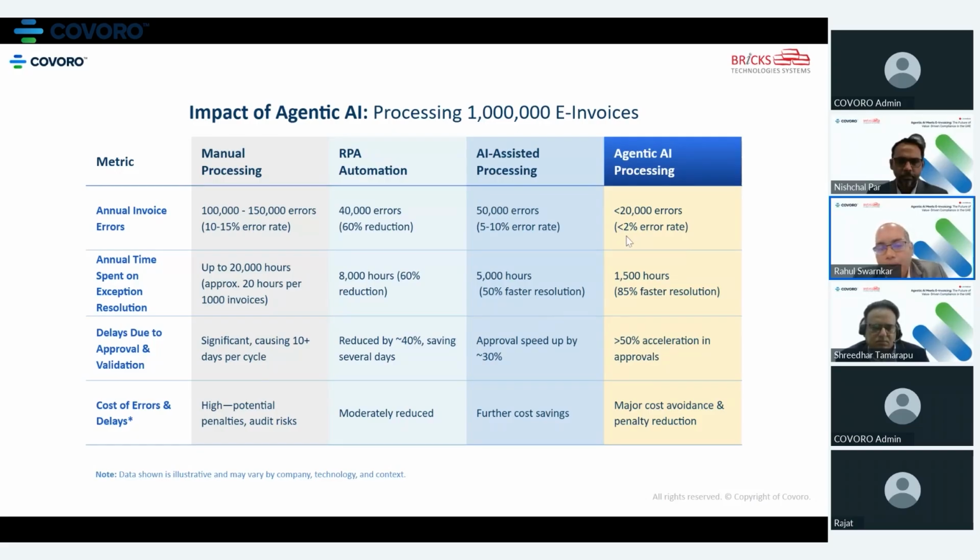But with agentic AI, this reduces to less than 2%. Similarly, in terms of annual time spent on exception handling and resolution, it automates at least 85% of the cases and provides the resolution. Thus, 85% of your processes become faster and smoother.